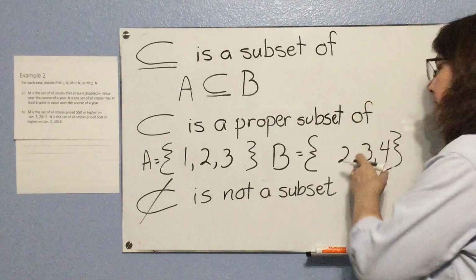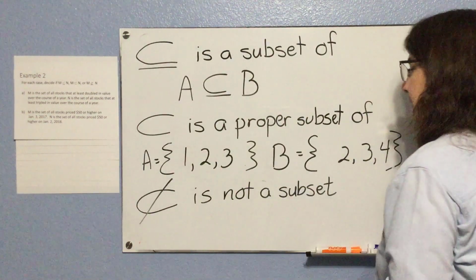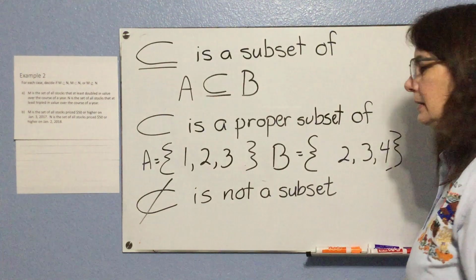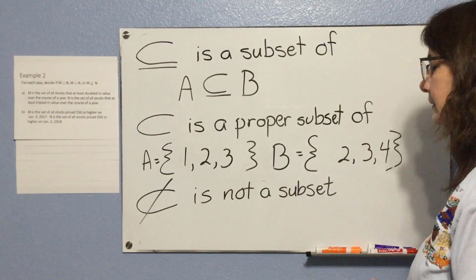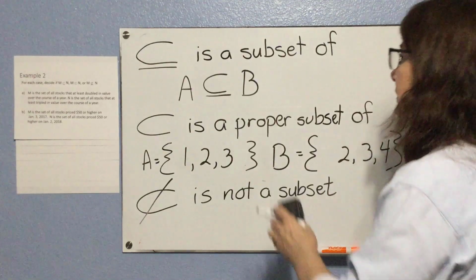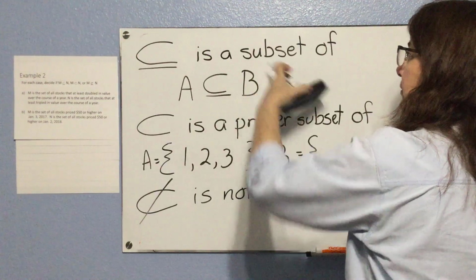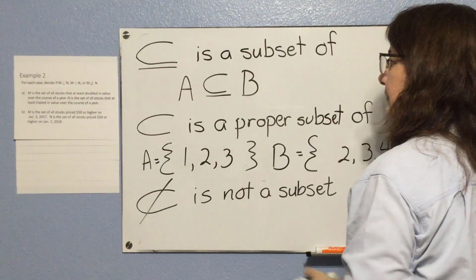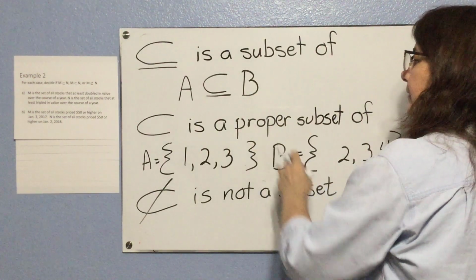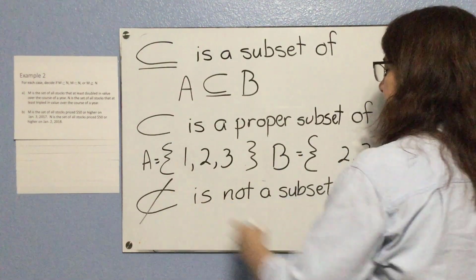Now A is no longer a subset of B because 1 is in set A but not in set B. So it's not a subset. Okay, so those are 3 symbols that we use. A subset of, which can include the 2 sets being the same. Proper subset of does not include that condition, and not a subset.